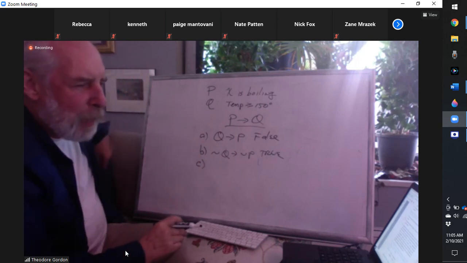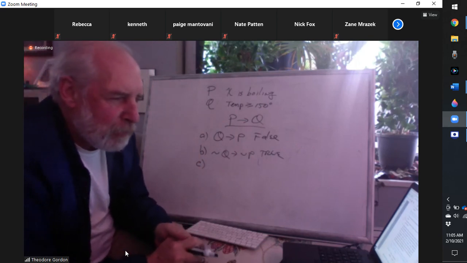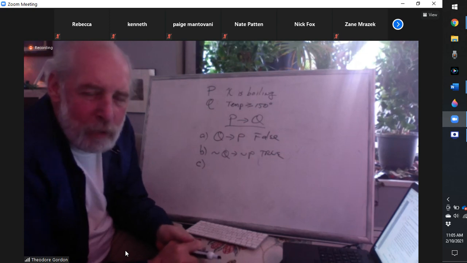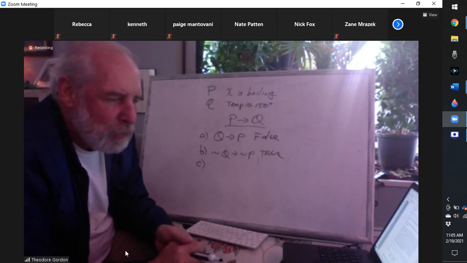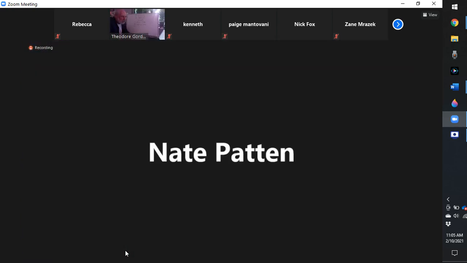Statement C, compound X will boil only if its temperature is at least 150. So what did you think about that one? I thought it was false. Okay, why? Well, this is what I was going to ask, because I feel like I just rationalized it in my head rather than wrote it out. Because if it's saying that it has to be at least 150 degrees for it to boil, but wait.